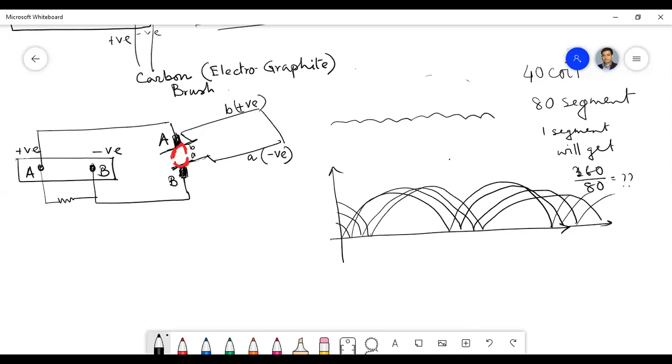So using many coils gives me a ripple free DC.